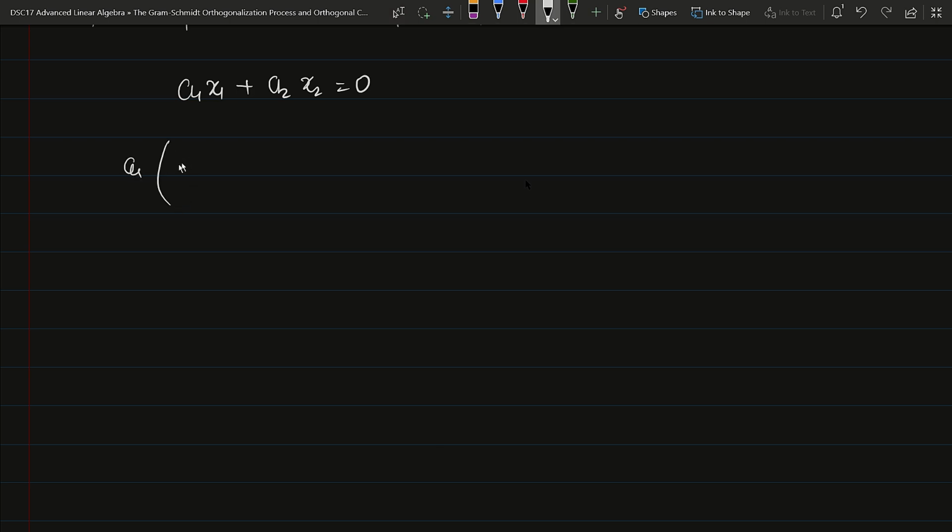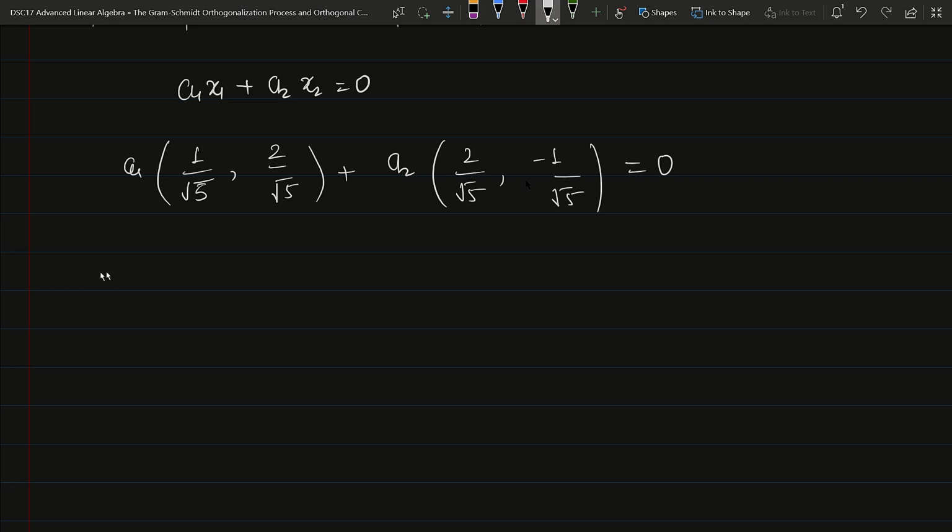So A1 times (1/√5, 2/√5) plus A2 times (2/√5, -1/√5) equals 0.